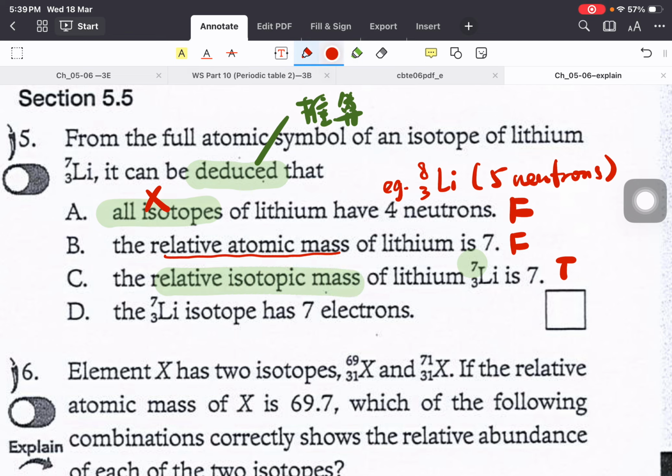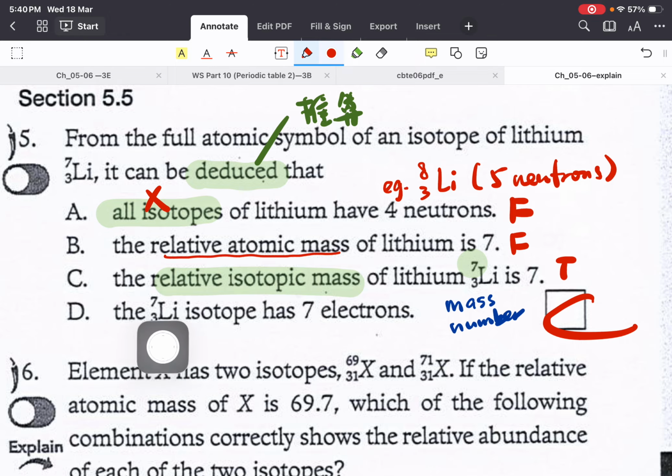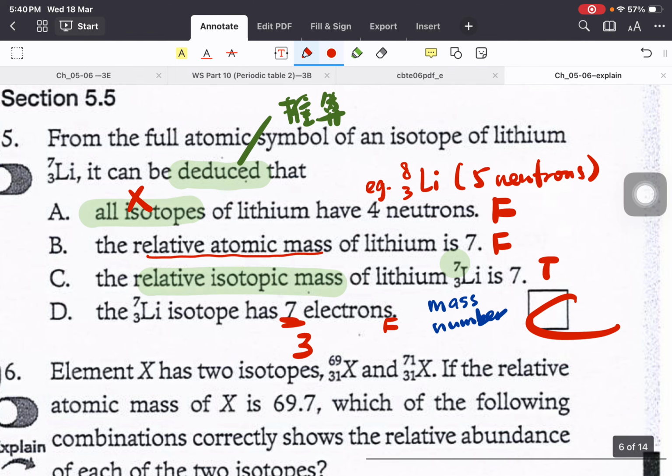It is also called the mass number. But for this one, because it has isotopes, we call it relative isotopic mass. So 7 is correct. So the answer is already C. But let's also look at D: Li-7 isotope has 7 electrons. No, it should be 3. So it's F. So the correct answer is C.